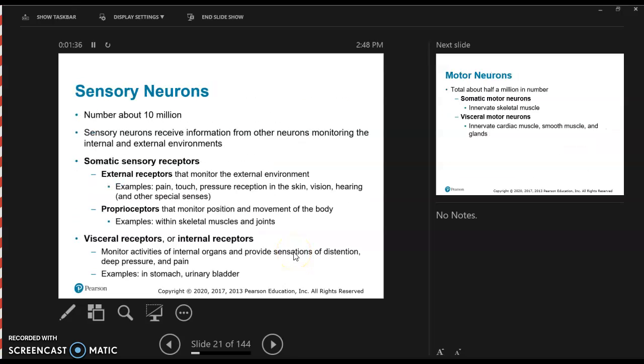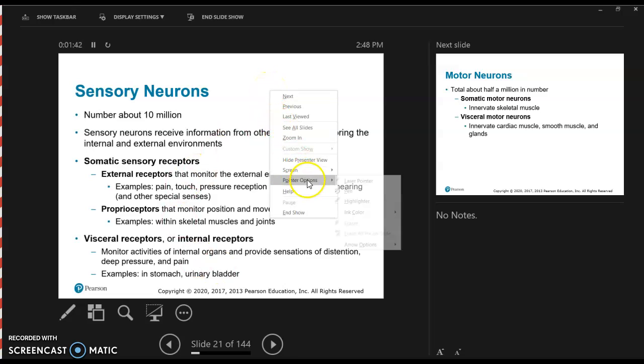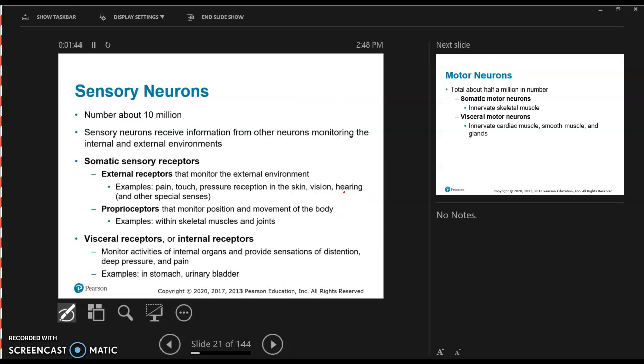Okay, so a little bit of information about sensory neurons. There's about 10 million of them. The sensory receptors that send information to the sensory neurons can be somatic sensory receptors, and within the somatic sensory receptors, we have external receptors that monitor the external environment.